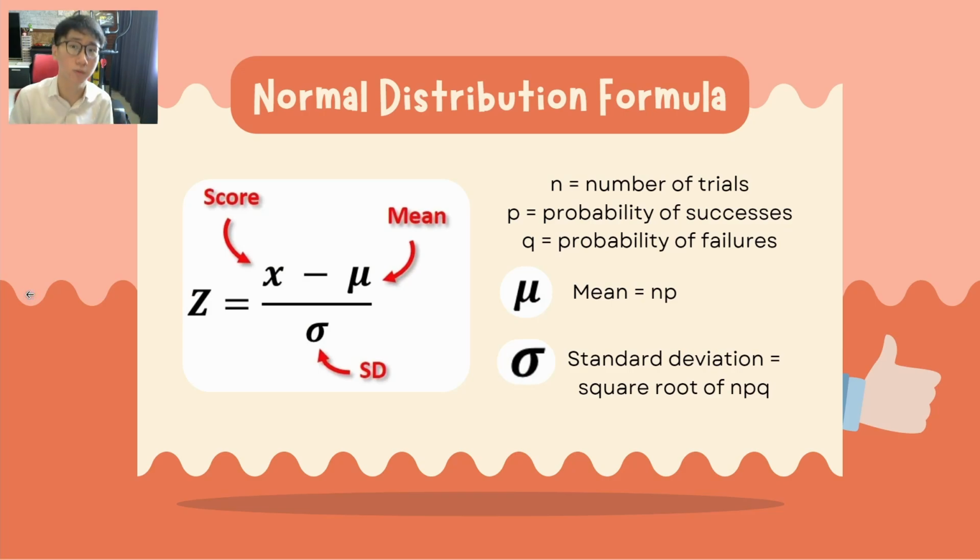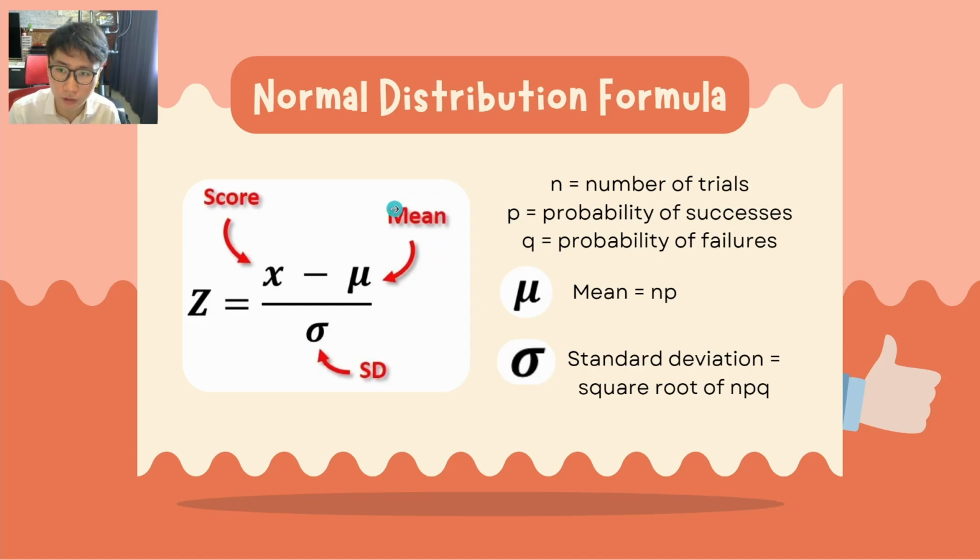This is the normal distribution formula. X is the score, mu is the mean, and this is the standard deviation. Standard deviation is how many times you're away from the mean.